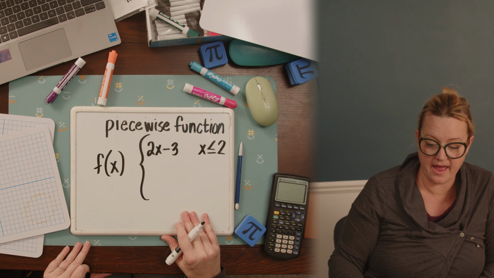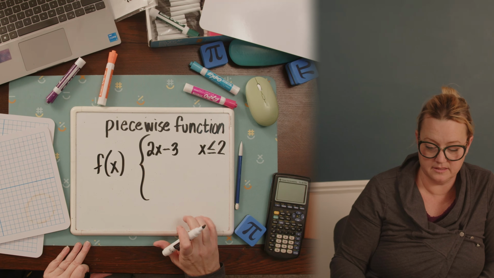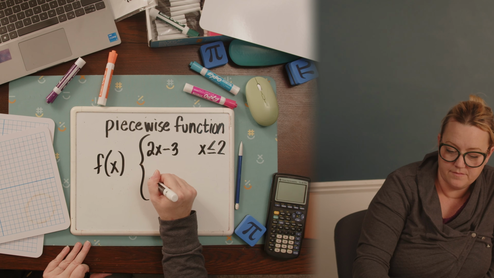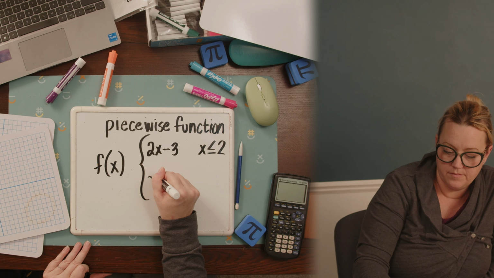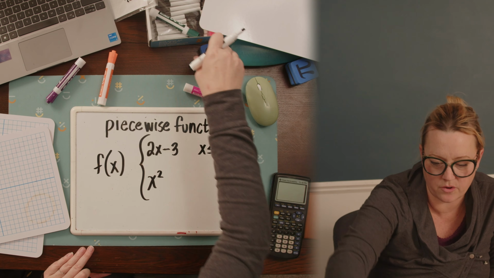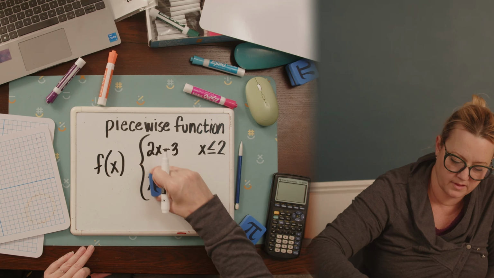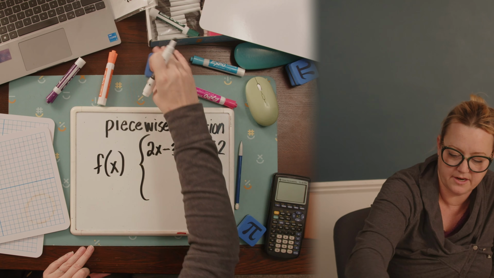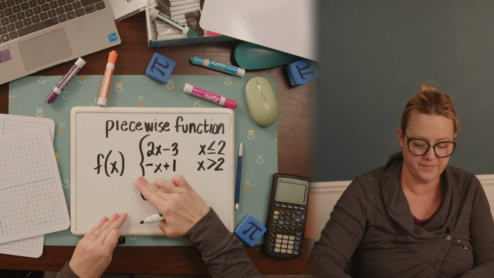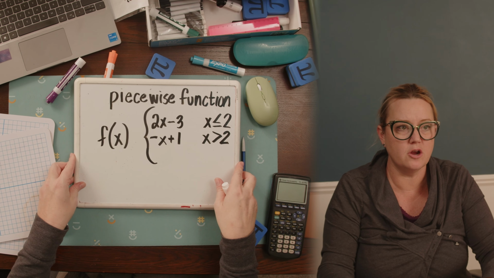And then we're going to say f of x is x squared. Oh, no, we'll just start with linear functions here. We'll just stick with that. We'll just start with 2 of these for now. Okay. All right, so here is our piecewise function.